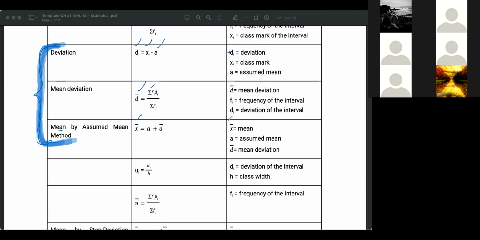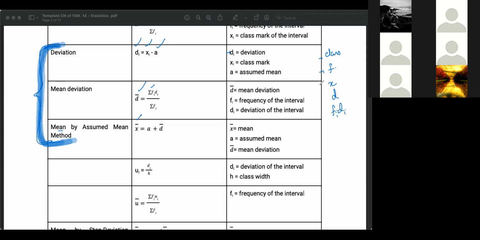How many columns will we need now in a table for finding mean? So you'll be given class and frequency. You need to find class mark anyway. Class mark, deviation to find, fi di basically.